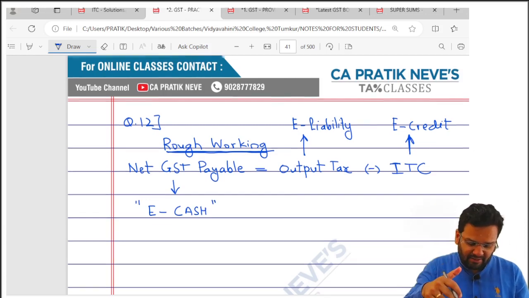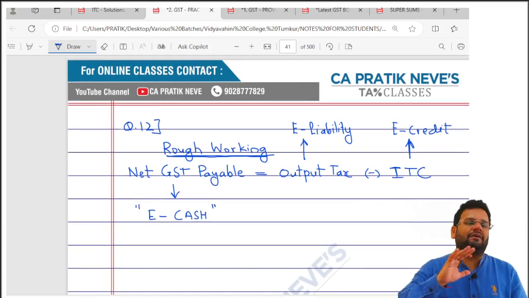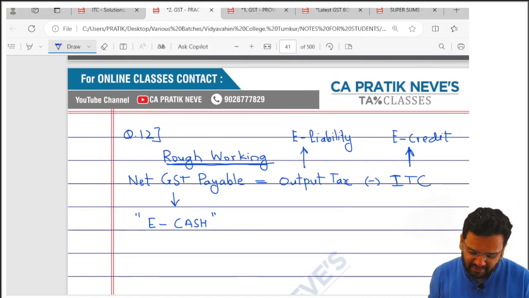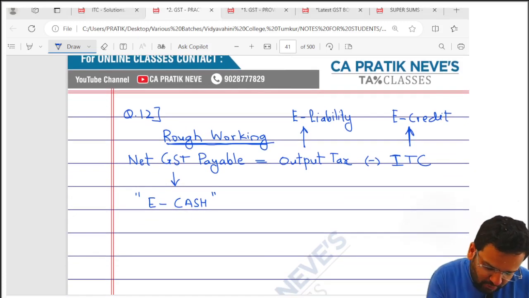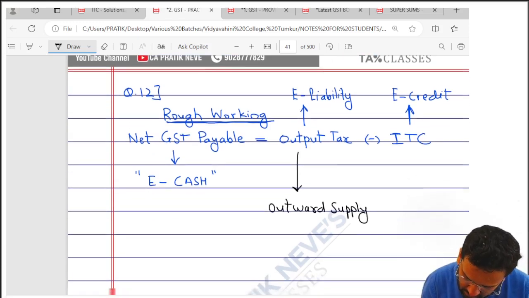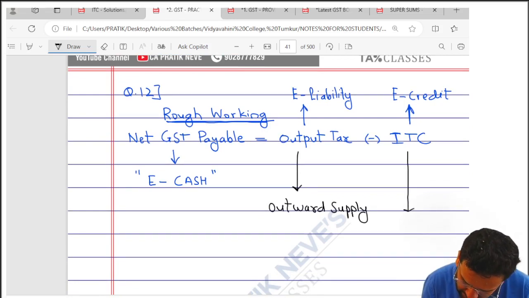So that idea he is going to get by your working. That idea he is going to get when you do this working of net GST payable, which is output tax minus input tax credit. So from where will you get output tax? You will get output tax from outward supply obviously. And where will you get input tax from? You will get input tax from inward supply.